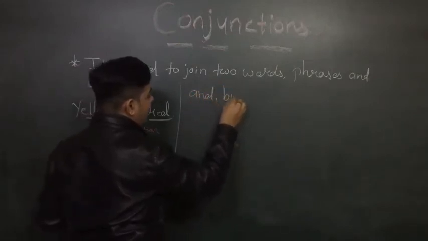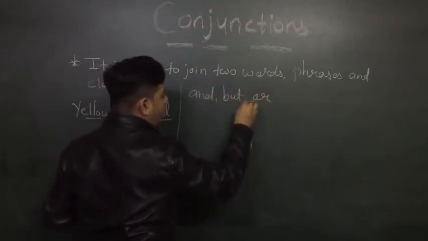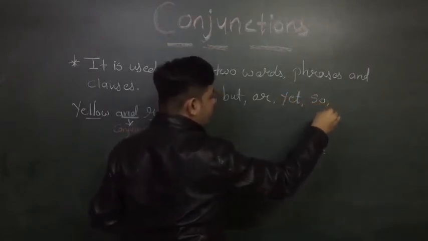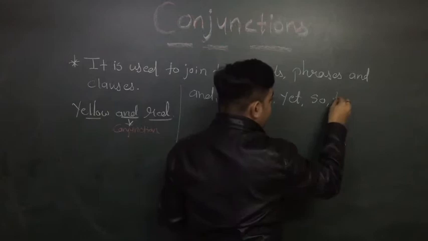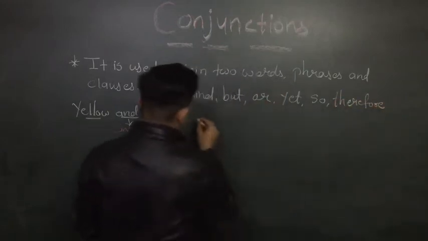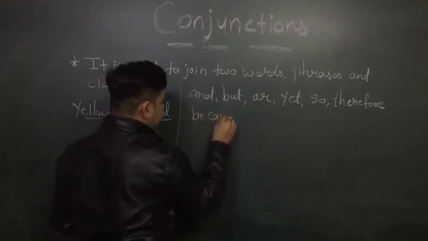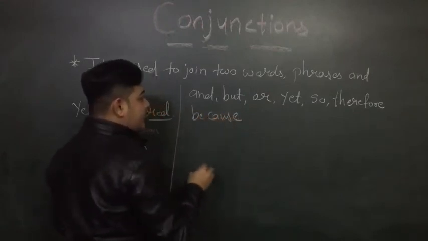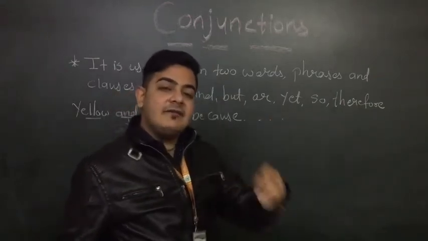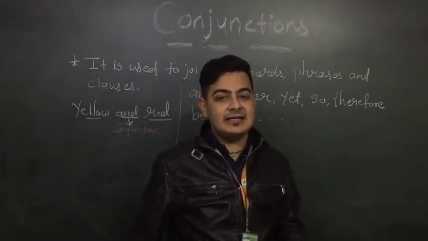And, but, or, yet, so, therefore, because. ठीक है, and many more. We will learn conjunctions one by one.